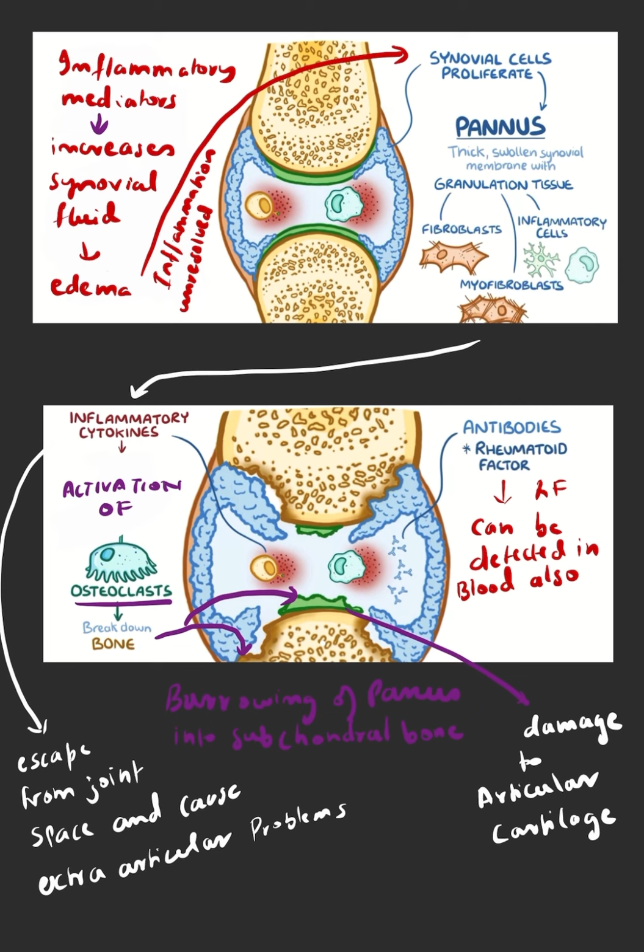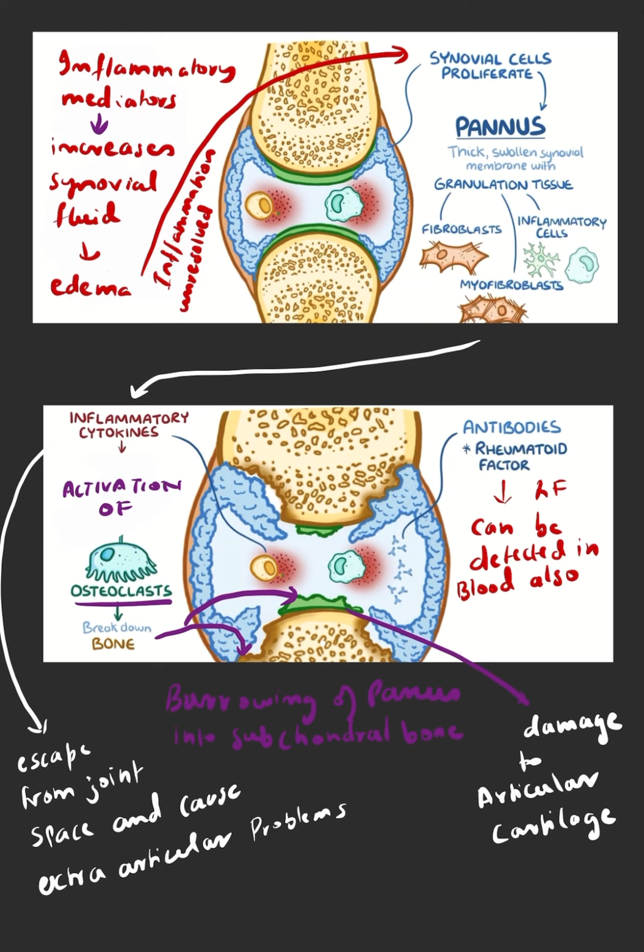And some are very sincere, so they'll stay in the joint itself. The things that stay in the joint will lead to activation of osteoclasts, and that will cause bone breakdown. Simple. And the things that go out of the joint will cause extra-articular manifestations.